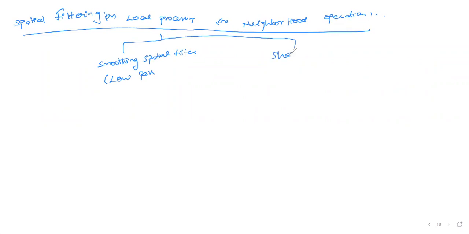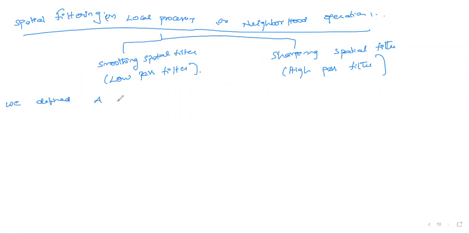Second one is sharpening spatial filter, or high pass filters. So here we define a local mask or filter mask.